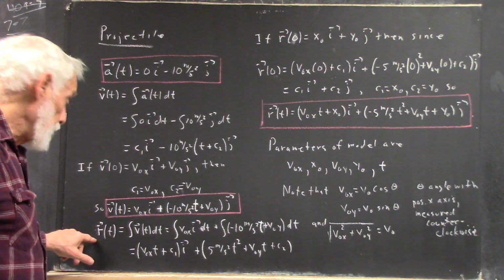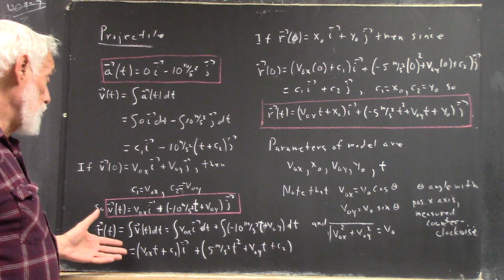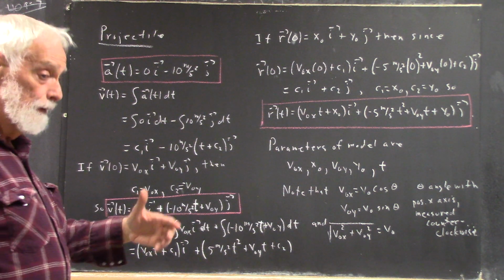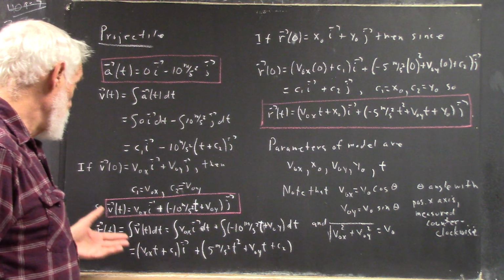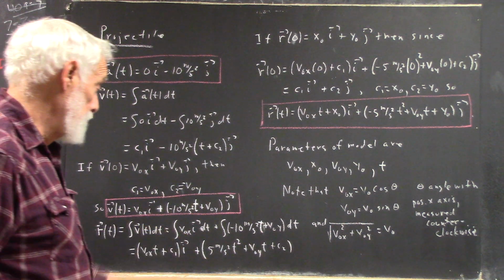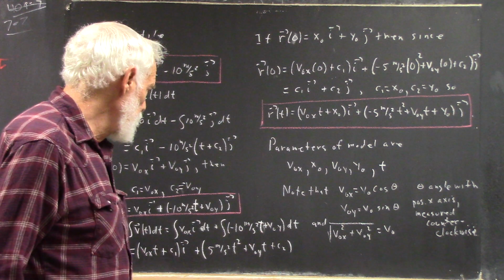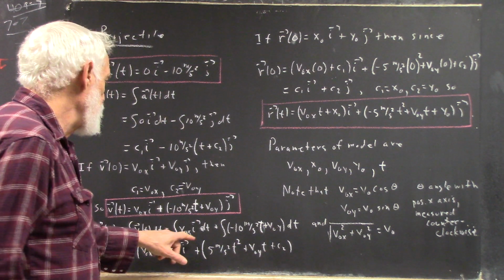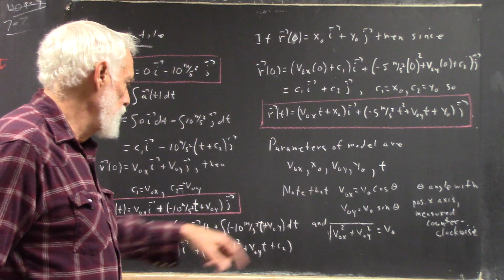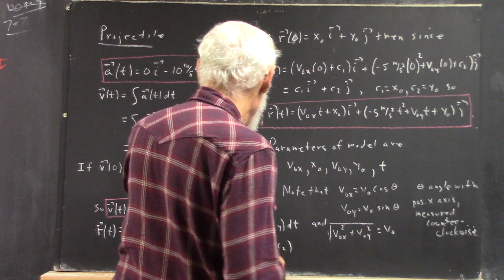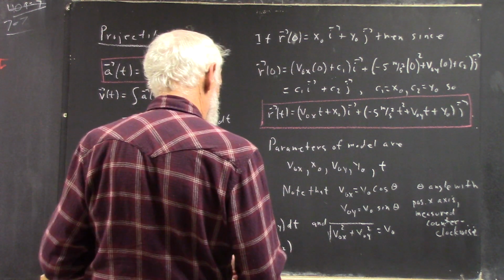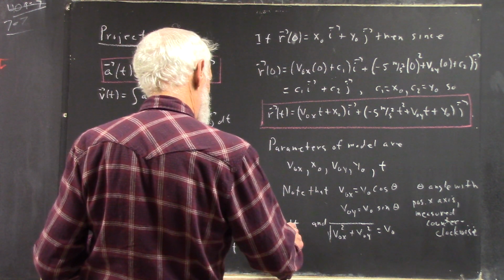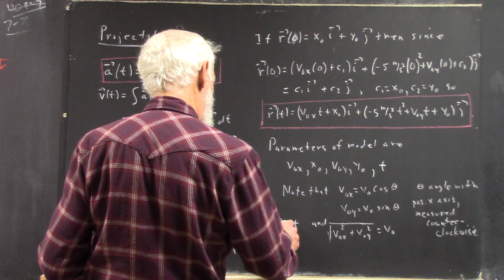We integrate that to get our R function because velocity is the rate of change of position with respect to time. We integrate the velocity with respect to time, and the integral is totally straightforward. So we integrate the I component, we integrate the J component. I don't have the J on it. Yeah, I can slide it in there.